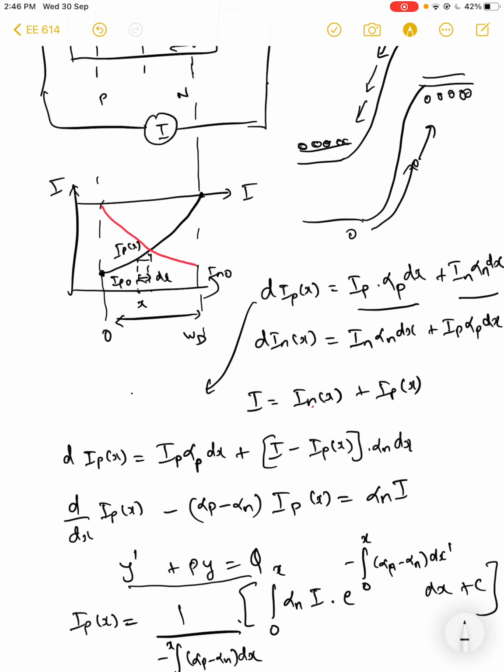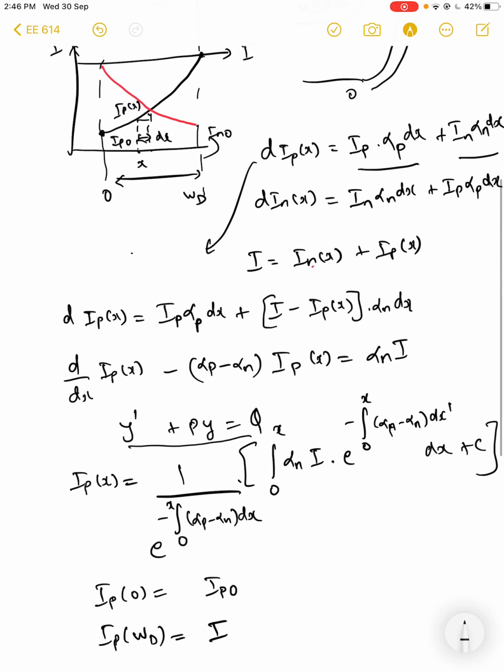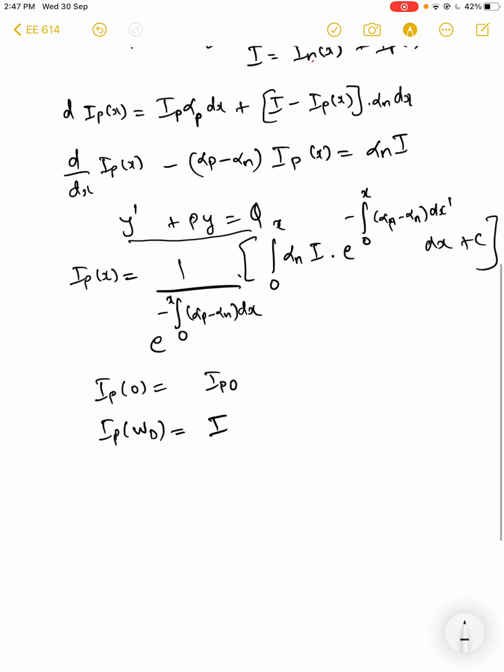And what we are trying to see is the hole current getting multiplied from Ip naught to I. So we call this the multiplication constant M. This is the avalanche multiplication, right? This is basically I by Ip naught. It is the actual multiplication of the hole current at the edge of the depletion width to the final current that we can obtain, right?